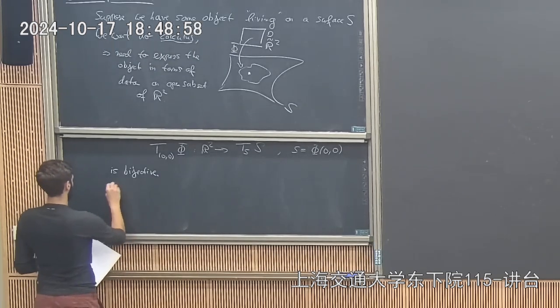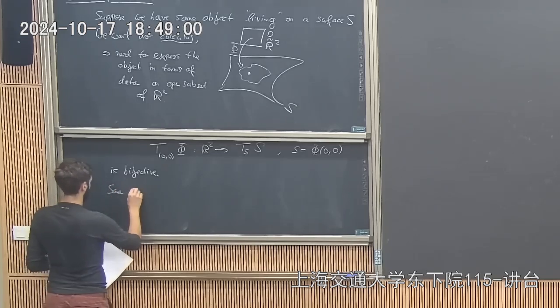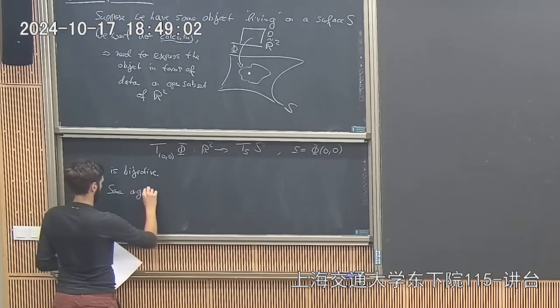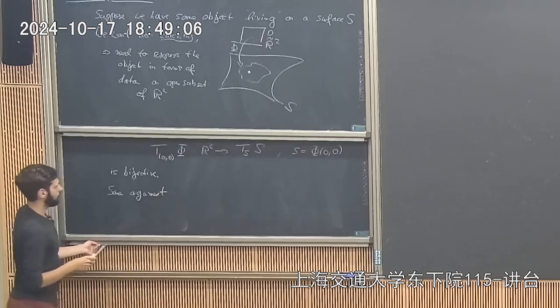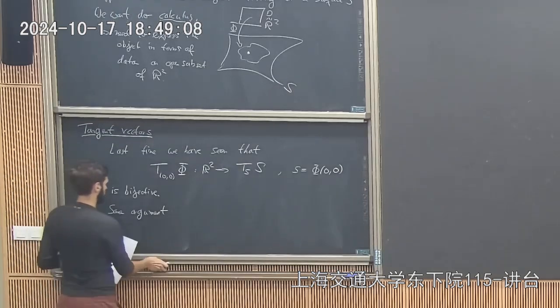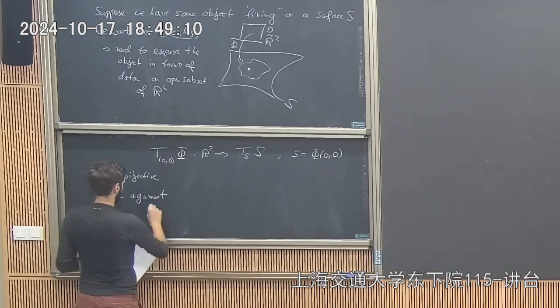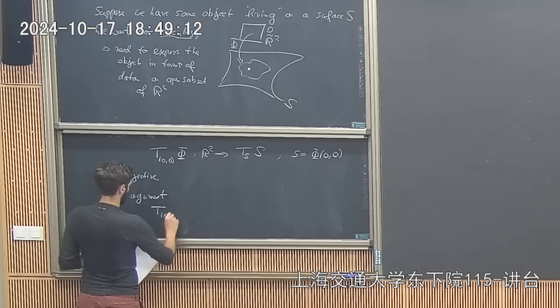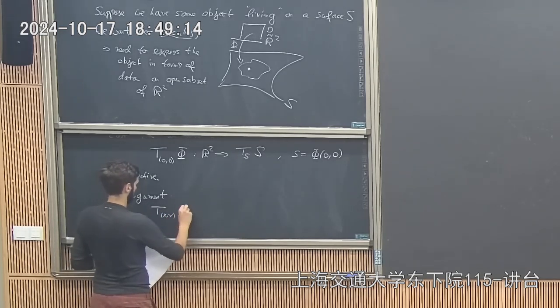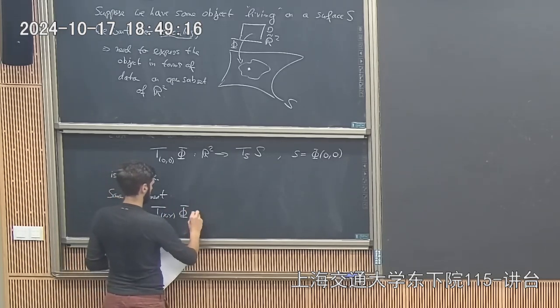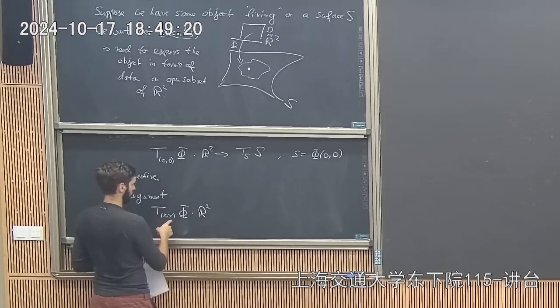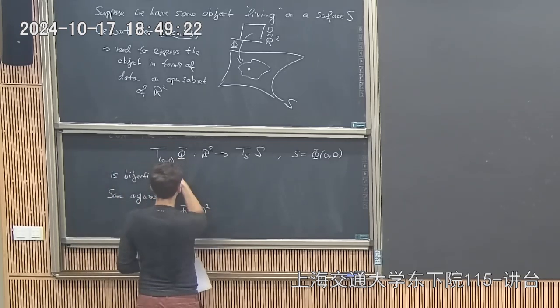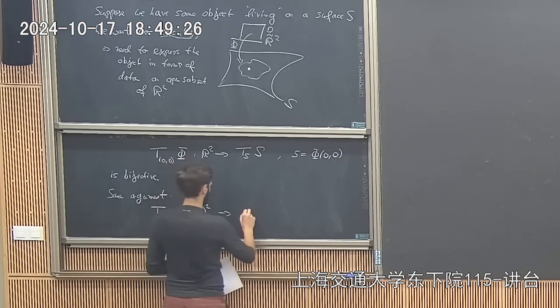And using the same argument, here we take the derivative where we change the point, where we don't have 0 there.